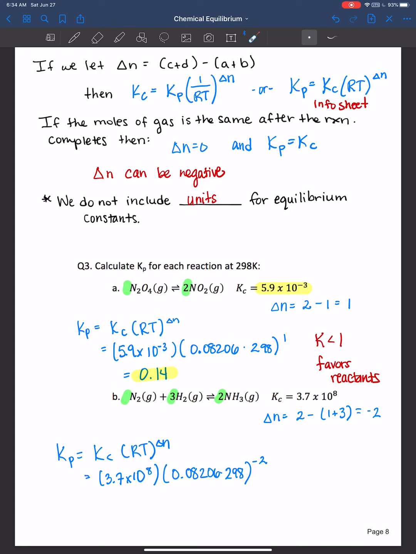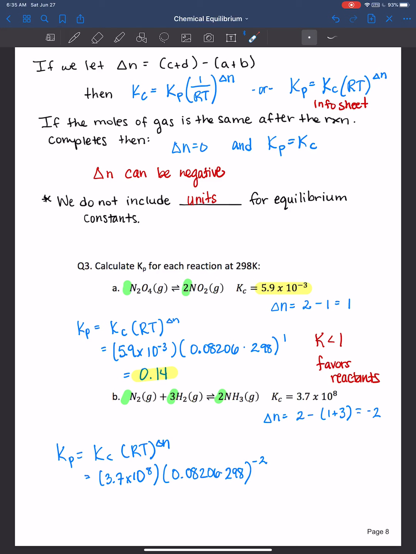I find that when students plug it into the calculators, they just go left to right. And in doing so, the calculator will multiply this together and then maybe raise everything to the -2, or just raise 298 to the -2, and they get some weird, bizarre answer. So make sure you're thinking about your order of operations. Now, if you have a graphing calculator, it's a little bit easier to visualize this.